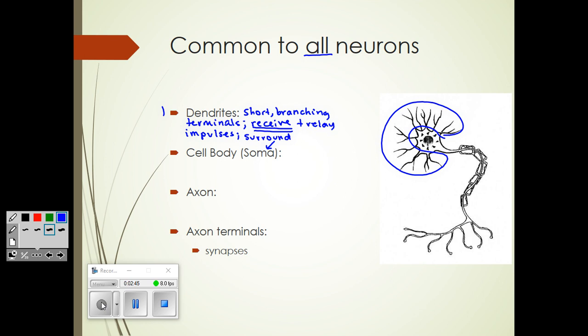So we're just looking at one neuron in a picture here, but if there were more, the end of the other neuron would be attached to the dendrites of this neuron. So when I say that it receives and relays impulses, that means another neuron, some other structure, would be sending an impulse to it, it would receive it, and then it would send that information along in its own structure.